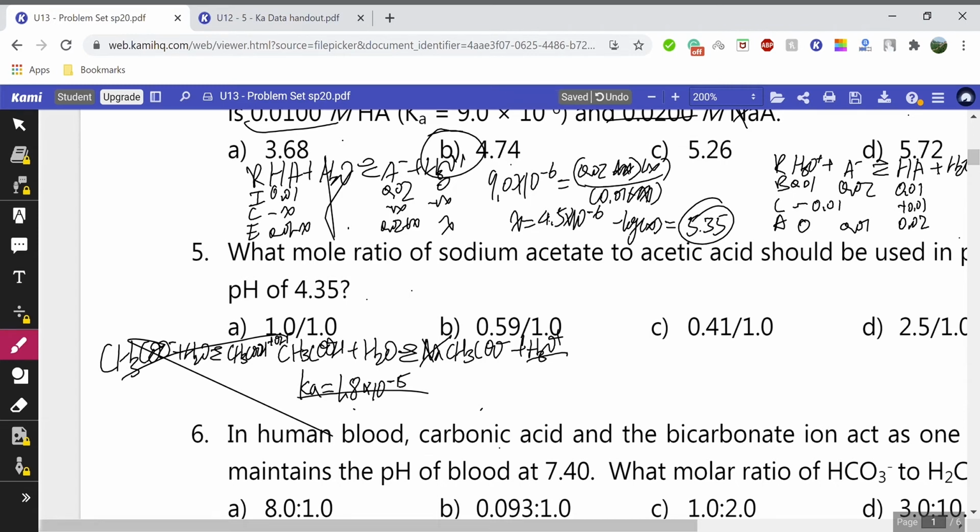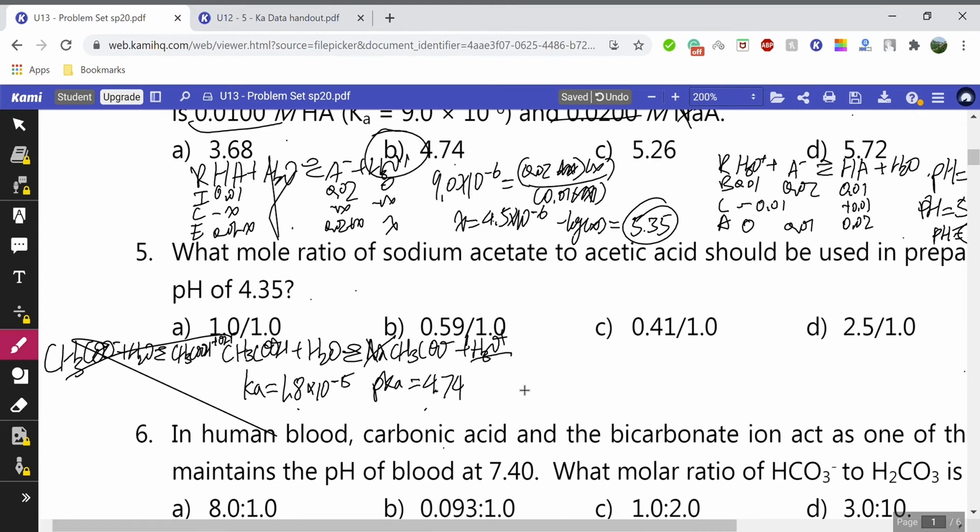Now, okay, back to over here, Ka is equal to this, and we're going to find pKa by taking the negative log of this. So pKa, which is negative log of 1.8 e to the negative 5th power, is 4.744, so 4.74.